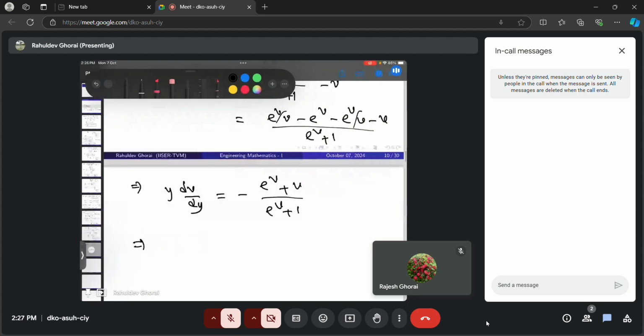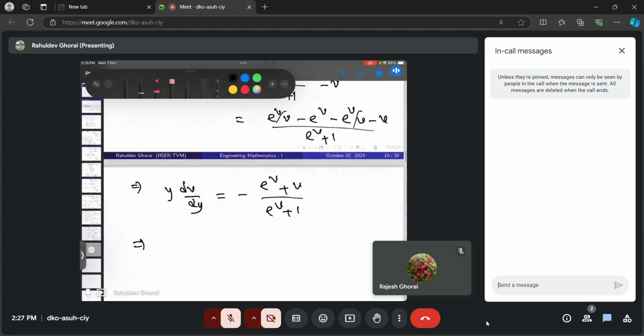So if you have an equation like this, where instead of 1 plus e to the power x over y there is some other function, like 1 plus tan of x over y, and most of the places we see x over y or y over x, you just take x over y is equal to v, at least if you can separate it. Here also you can write dy over dx is equal to some function that looks like f of x over y.